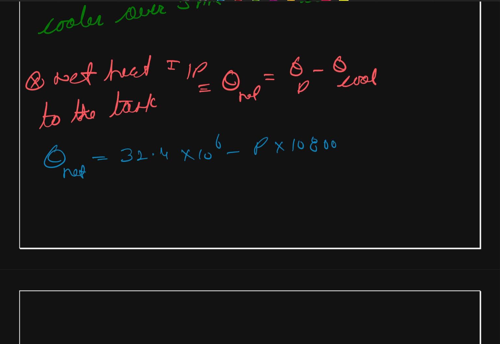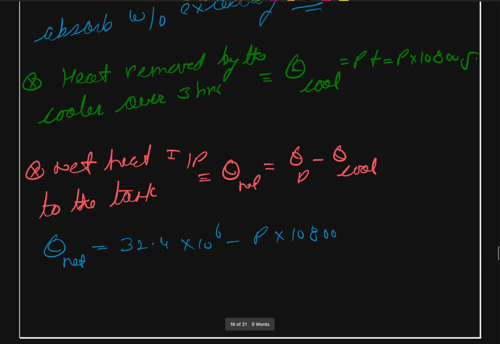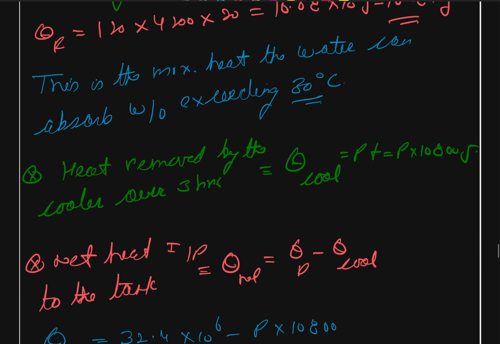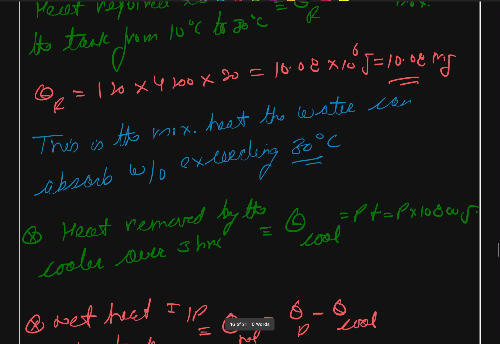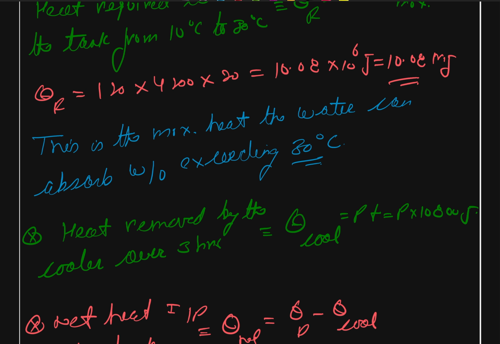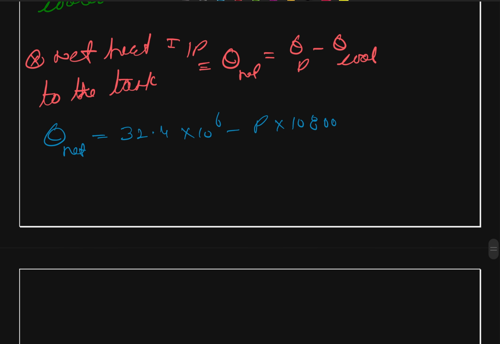And this Q net should be equal to our Q allowed, or we can say Q required, because if this balance between the heat required and our Q net is not maintained, then the temperature is going to rise above 30 degrees centigrade. Okay.